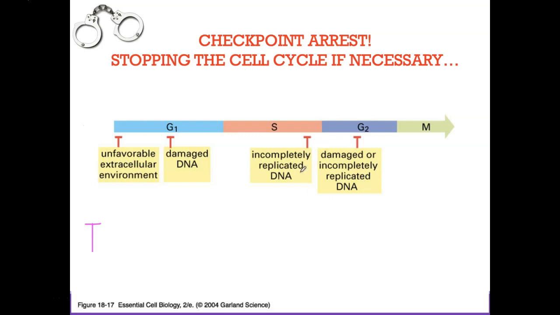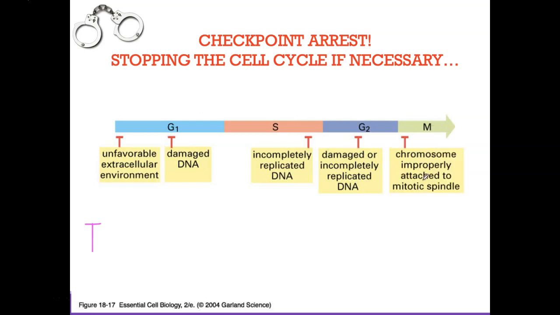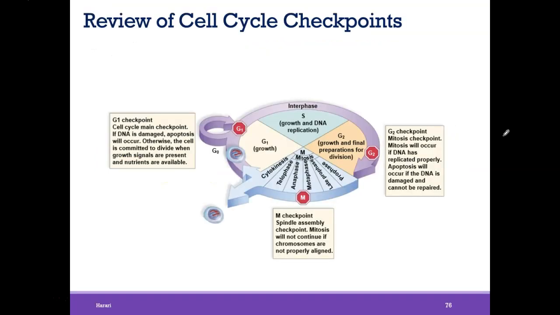If there's incompletely replicated DNA or any damaged incompletely replicated DNA, then we stop in S or G2. If the chromosomes are improperly attached to the mitotic spindle, we stop at the metaphase anaphase transition. So this is, again, keeping everything in check and making sure our cells divide with fidelity and they don't make any mistakes. So you can pause here to review.